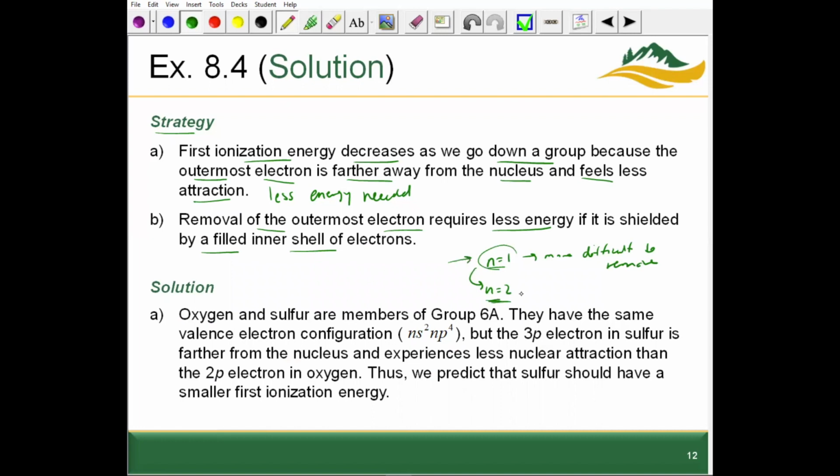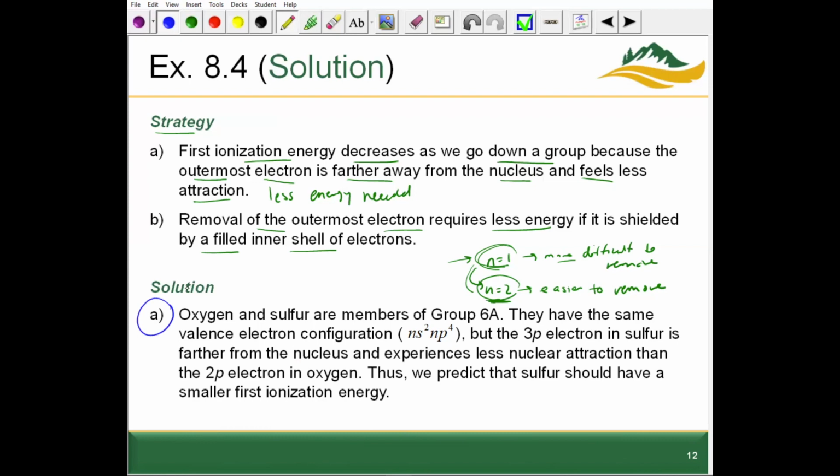So the higher the value of the shell, the more electrons there are between the nucleus and these electrons here. The more electrons between the nucleus and these electrons, the easier it will be to remove those electrons. So electrons right next to the nucleus are more difficult to remove, and electrons further away are easier to remove.